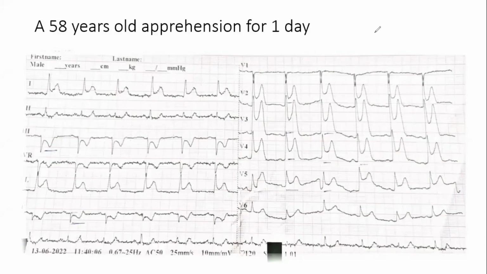So it was pretty straightforward. But this was just to show you that if multiple leads are involved, then definitely this still can be an MI. And you always have to look at every lead and always look for the signs of pericarditis. So you have to rule out these two changes, especially in the acute settings. So let's move forward.